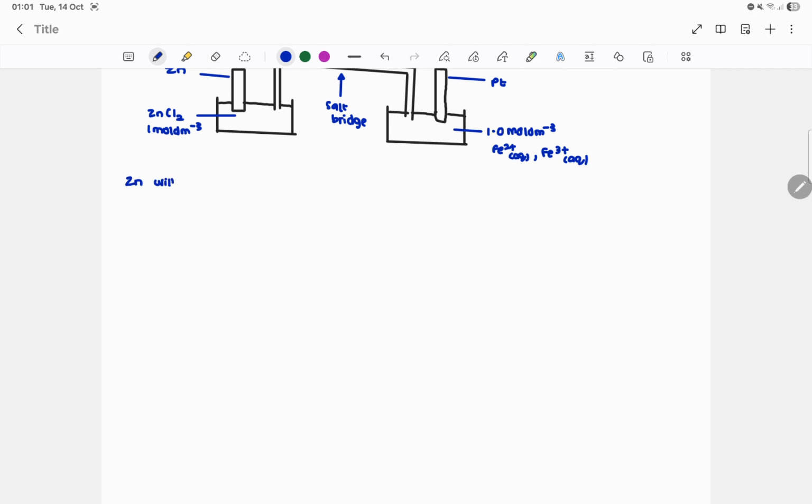Zinc will be above iron in the electrochemical series.